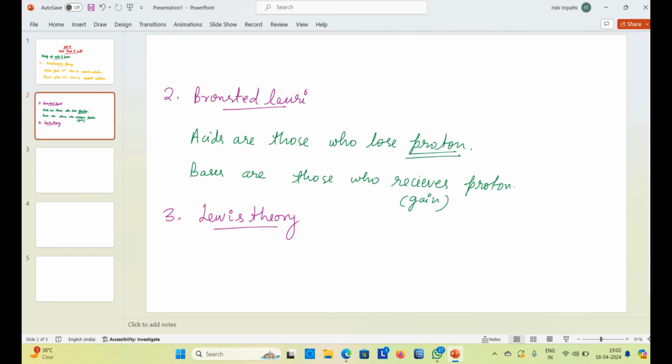According to the Lewis theory, acids have no lone pair. No lone pair means if all the electrons are bonded, if there is complete bonding, there is no lone pair, so that will be acid, and bases have lone pair.